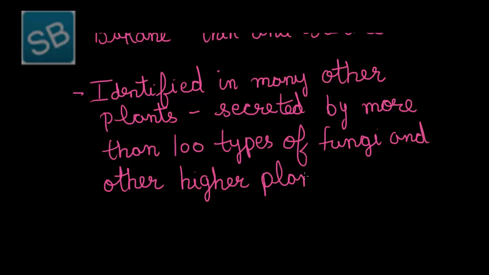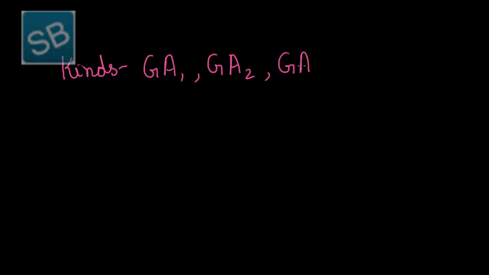Like other growth promoters, gibberellins are also of different kinds and they generally occur in the form of GA1, GA2, GA3, and it goes on in such a manner continuously.